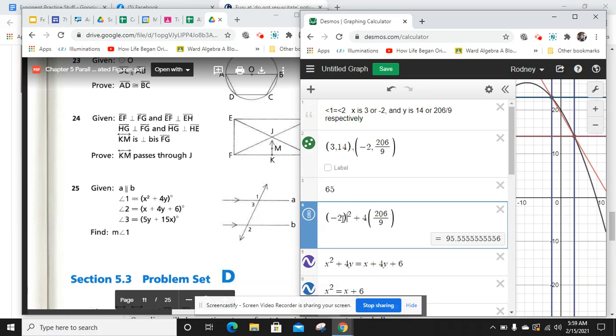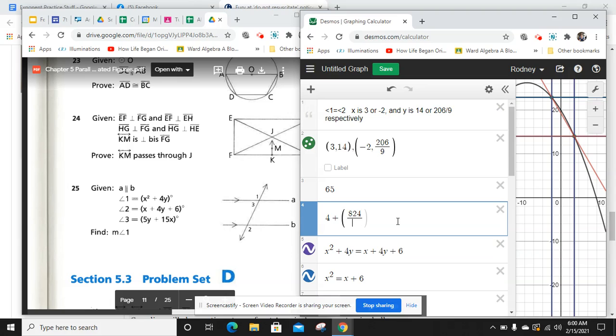Now, we've got negative 2 squared, which is 4. And then what is 4 times 206 over 9? Well, I'll multiply 4 times that. That's going to be an 8, and that's a 24. So 824 over 9, and I would just divide 824 by 9, which is going to be 91 and 5/9.